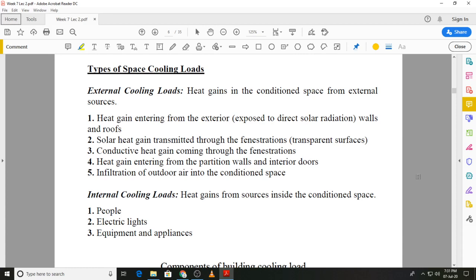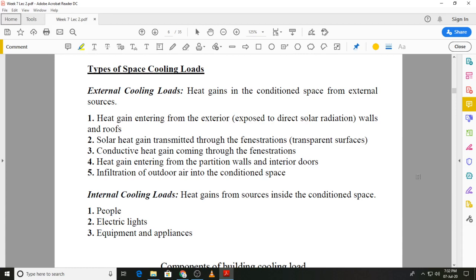When we look at surfaces which allow the solar radiation to be transmitted, that is transparent surfaces, which are also known as fenestrations, then there is a second type of load that we have to account for, that is the solar heat gain by transmission.